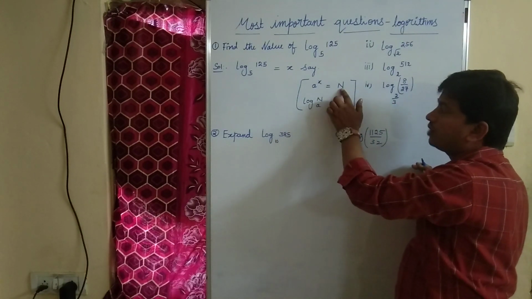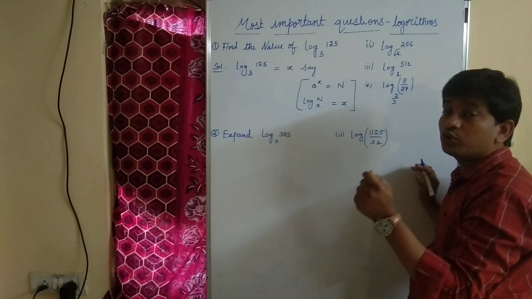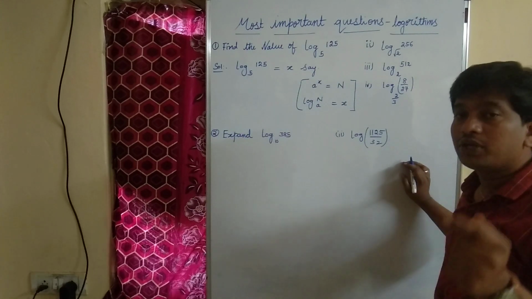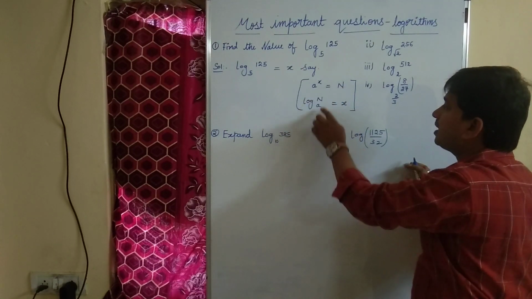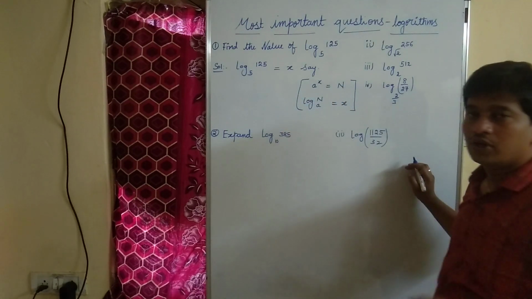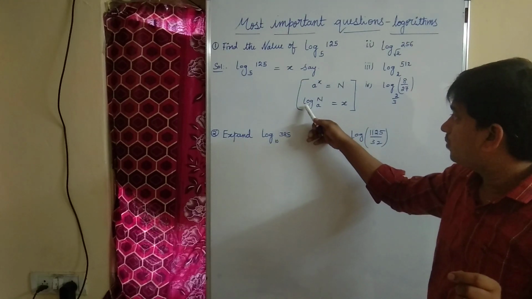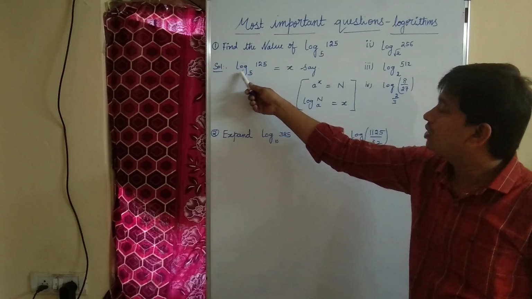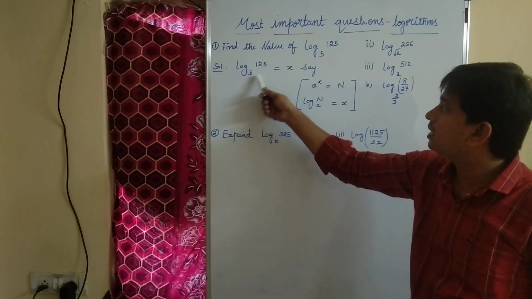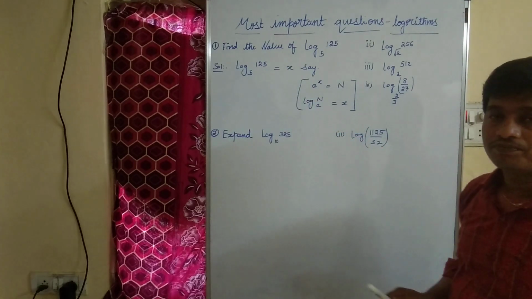A power x equal to n is called as exponential form. In order to convert exponential form into logarithmic form, we have the formula log n to the base a equal to x. If you observe properly, the given problem is in the form of log n to the base a equal to x, I mean which is in logarithmic form.